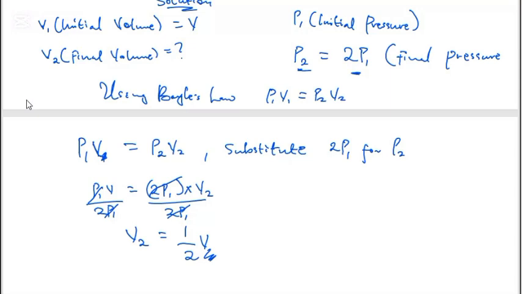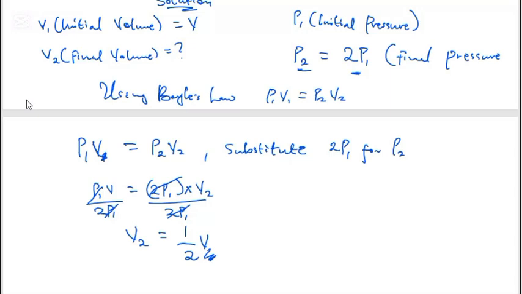So it's understandable. If you double your pressure, you halve your volume. If you triple your pressure, you get 1/3 of your volume. If you increase your pressure by 4 times, you get 1 over 4, or a quarter, of the volume, and so on and so forth.